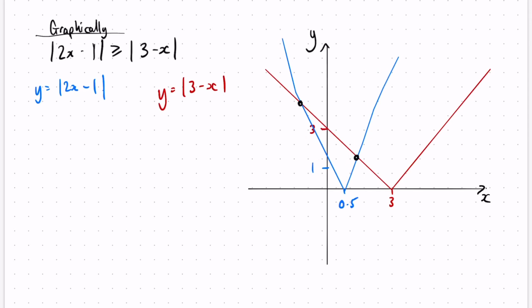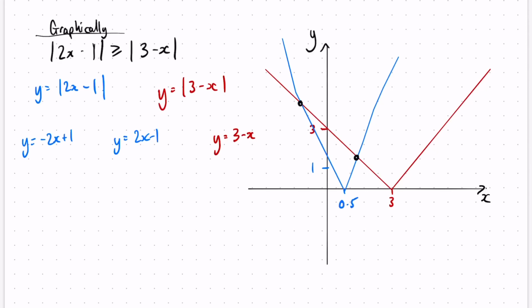So my mod 2x minus 1 graphs are, when separated, y equals minus 2x plus 1, and y is equal to 2x minus 1. And the downward side of this graph is my negative gradient side, which is y is equal to 3 minus x.